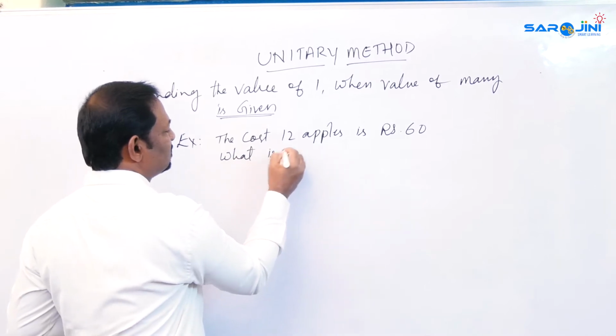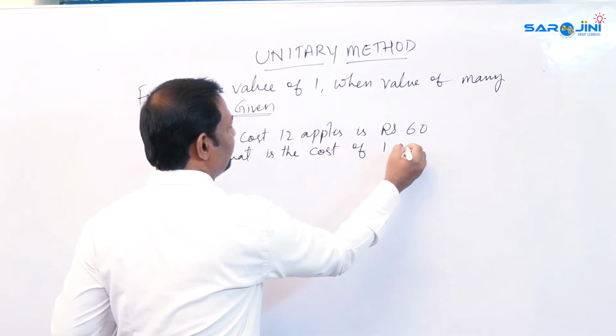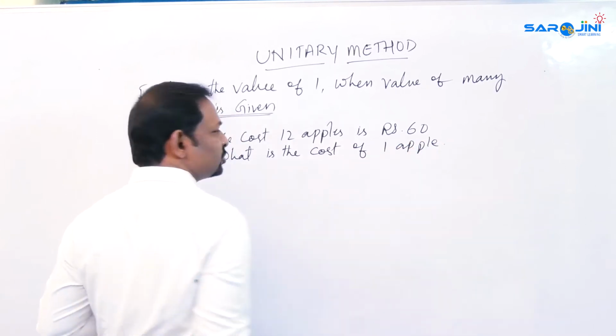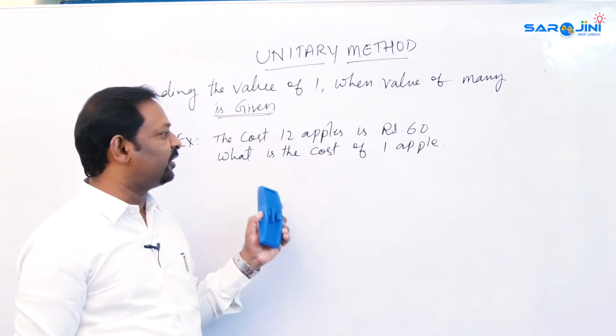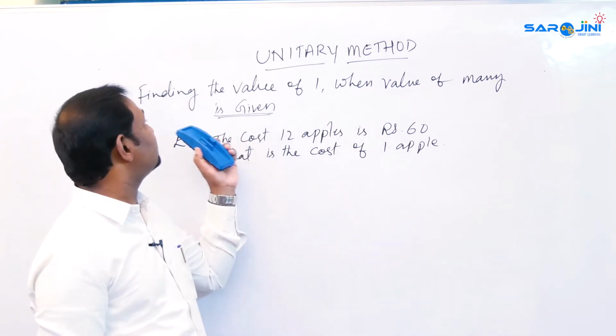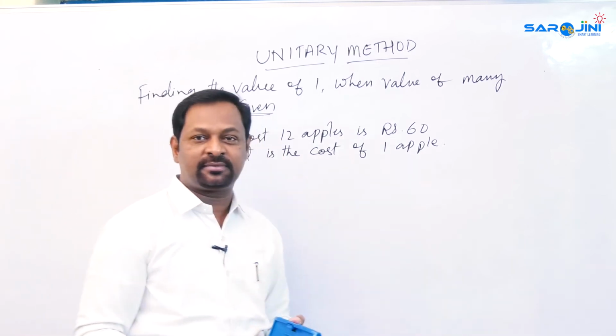Then what is the cost of 1 apple? So now here, for many apples he has given, and we are going to find out for 1. So this is the concept: finding the value of 1 when the value of many is given, isn't it?